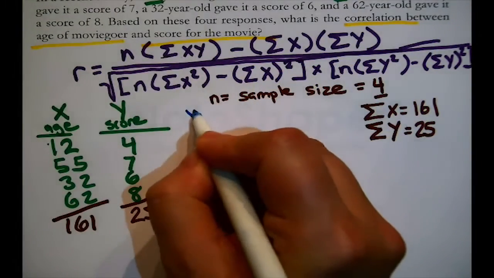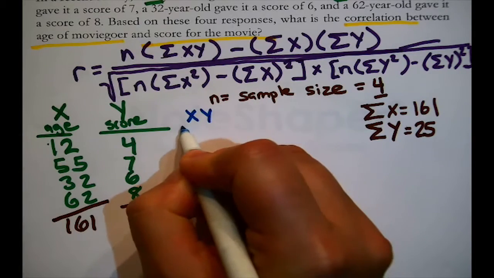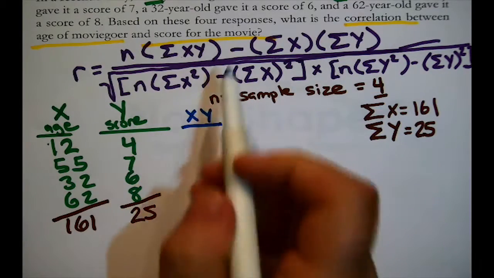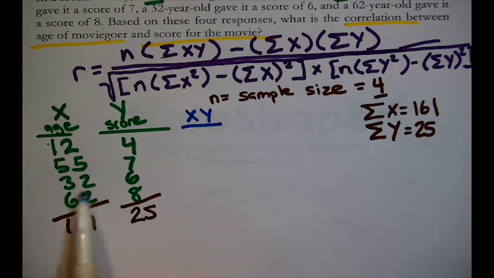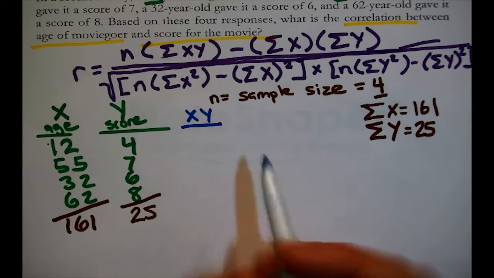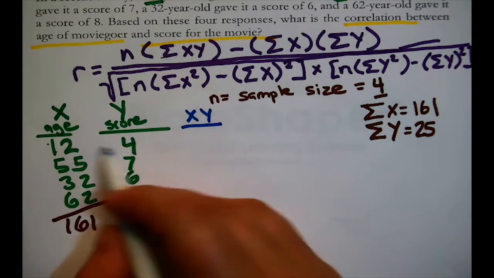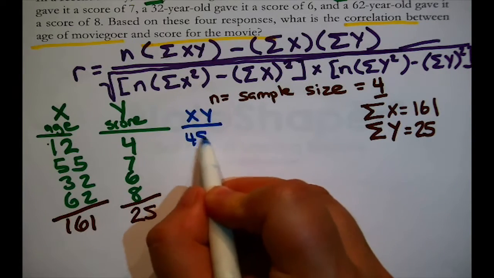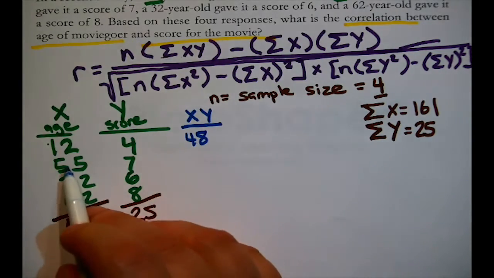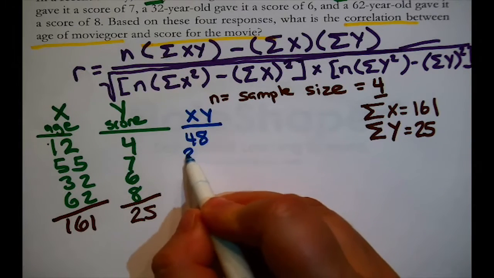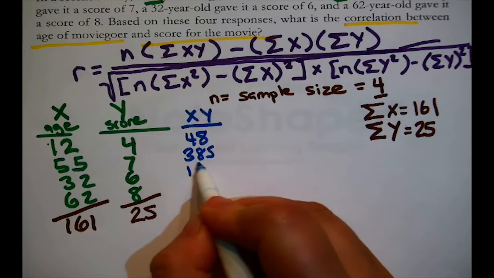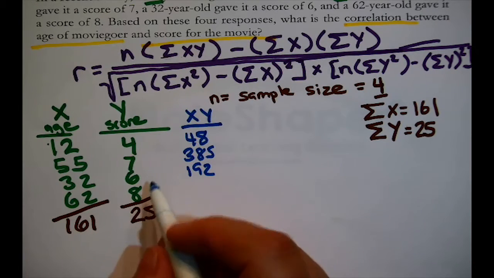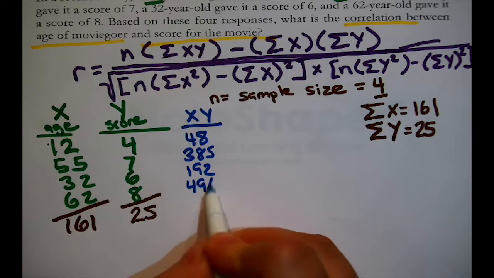Maybe make another column right here, x times y, because what I need is the sum of each of these multiplied times each other. Okay, well, 12 times 4 is 48. I'm going to store that temporarily. 55 times 7, I get 385. 32 times 6, I get 192. 62 times 8, I get 496.